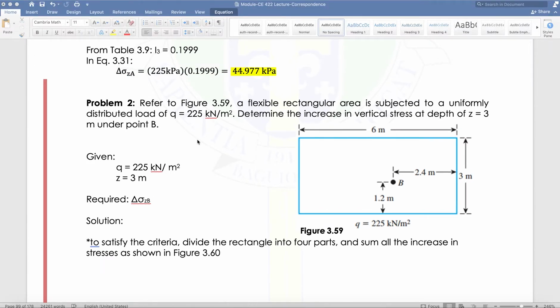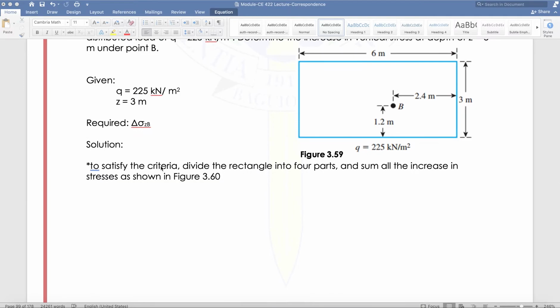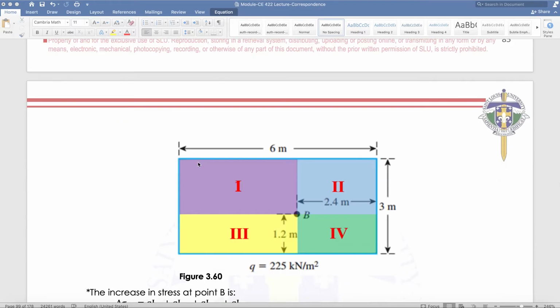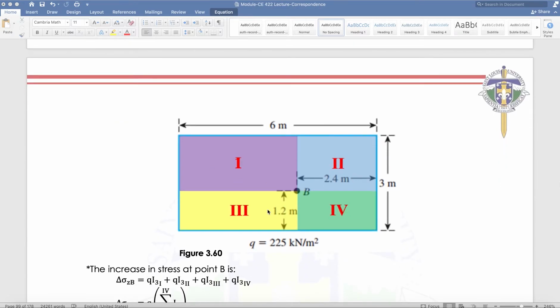So what we will do here is divide this 6 by 3 meters area into 4 parts in such a way that these 4 rectangles will have point B on their edge, so as to satisfy our criteria for using the method with the table. So we have here 1, 2, 3, 4, and as you can see here, point B is already at the edge of each and every rectangle.